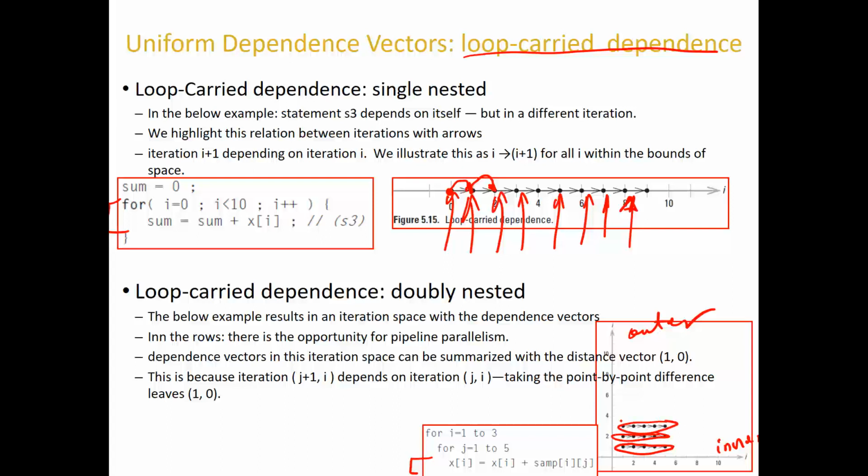In this case, if you have three parallel adders, each of them can work on loop i equals 0, loop i equals 1, loop i equals 2, and loop i equals 3, and they can work in parallel because there is no dependence between the outer loops, but there is a dependence within the inner loop.